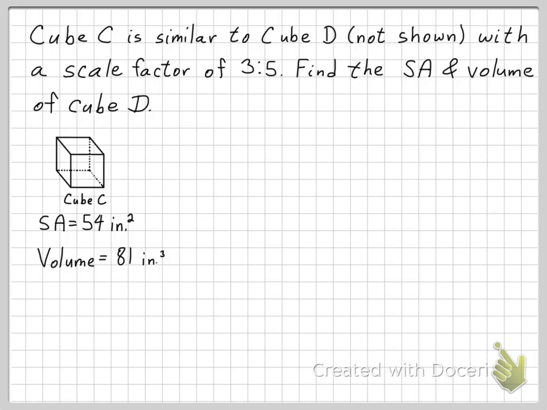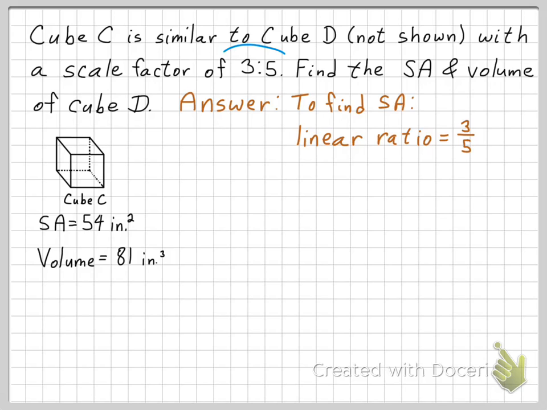Okay? And the way you do that, let's start off with finding surface area, is first you have to know what the linear ratio is. Well, the linear ratio is given as 3 to 5, so that's where I get the 3 to 5 from. But I'm trying to find surface area. I'm trying to find the area.